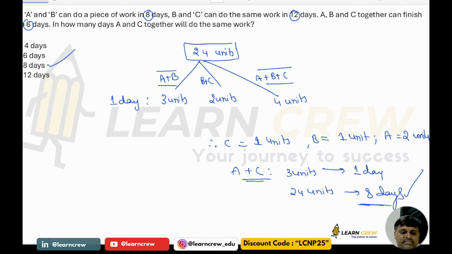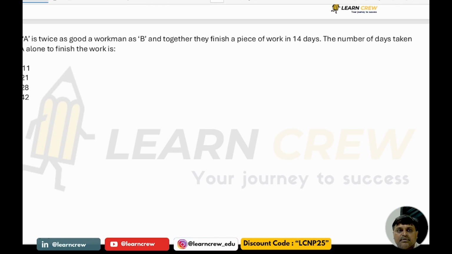Now question number 16. A is twice as good a workman as B. So the ratio of efficiencies of A and B is given here. A is twice as good a workman as B means B's efficiency is 1, A's efficiency is 2.